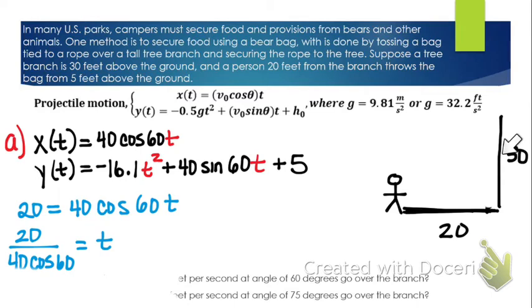But we need to know how high it is going to be at that time, because we need it to be at least 30 feet high for it to go over the branch. So how do I figure out the vertical height at 1 second? You're going to take that 1 and substitute it in your y parameter to see what you get for your vertical height.